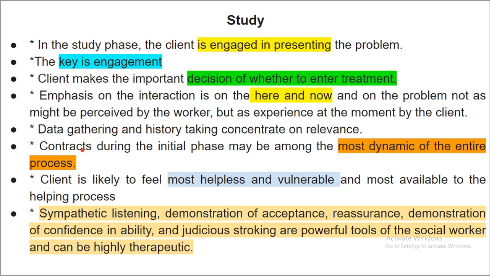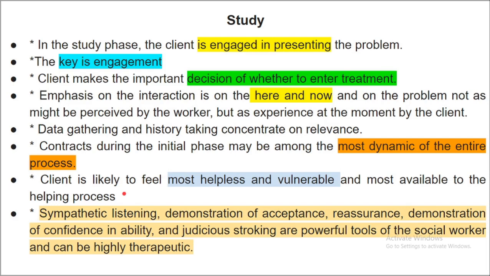Now next, contacts during the initial phase may be among the most dynamic of the entire process. Yes, the contact of the initial phase is the most dynamic for the entire process, because interaction and contact with the persons in a dynamic way is helpful for you in the entire process of casework.